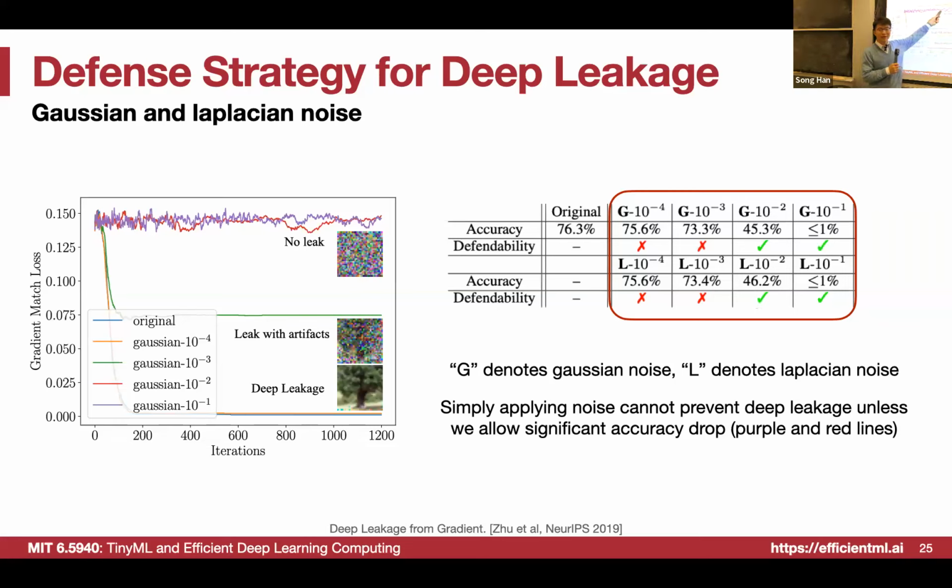But to prevent leakage, the Gaussian noise has to be pretty large. When the Gaussian noise is large, the accuracy of the model is less than 1%, so the model is barely usable. So adding noise is not a good solution. When you protect it from being attacked, the accuracy almost goes to 0.